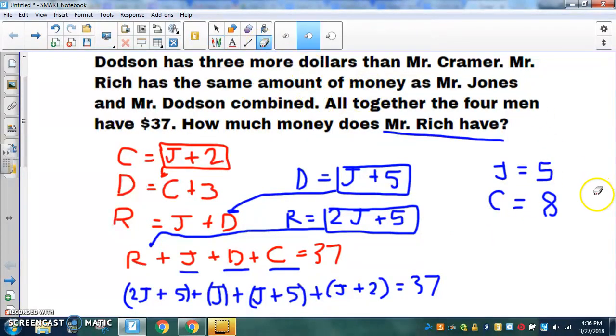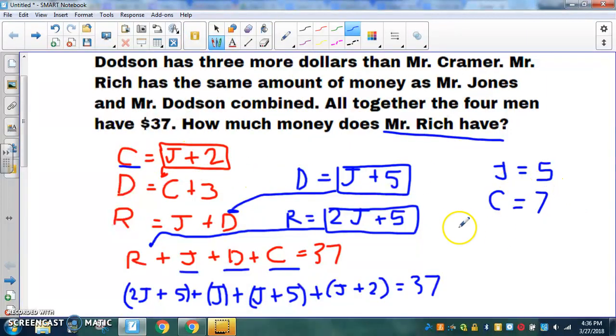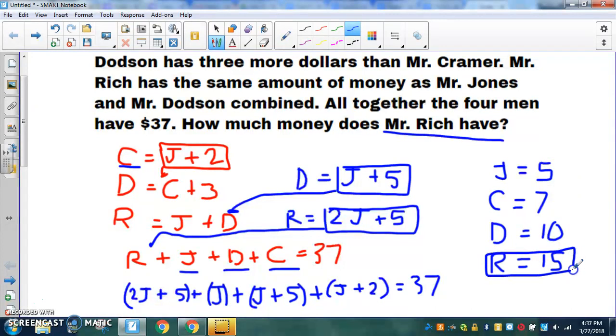Excuse me. I was looking at the wrong equation. Kramer's up here. He's 2 more, so he's 7. And then Dotson is 3 more than that, so he's 10. And now I'm going to go down to Mr. Rich's equation. He has J plus D, so that would be Mr. Jones plus Mr. Dotson. He must have, ding, ding, ding, $15.